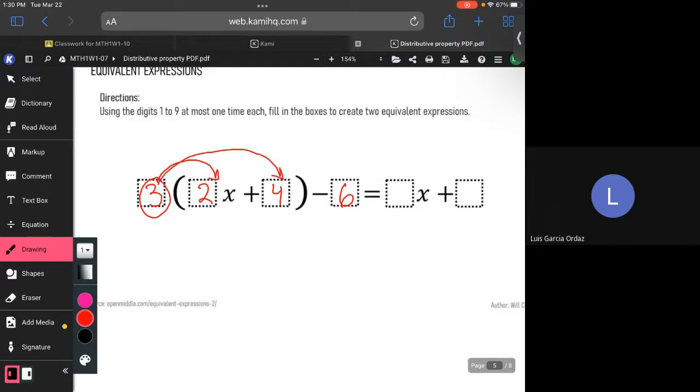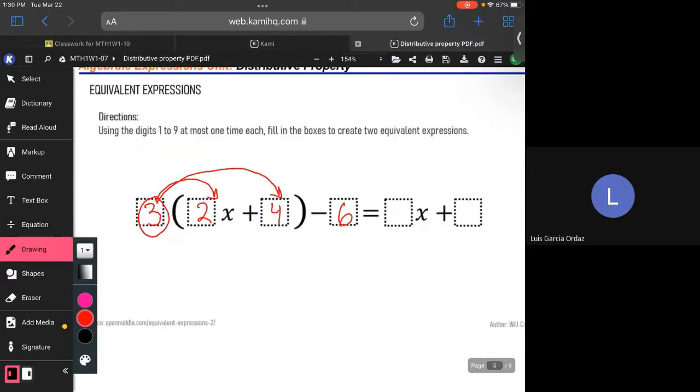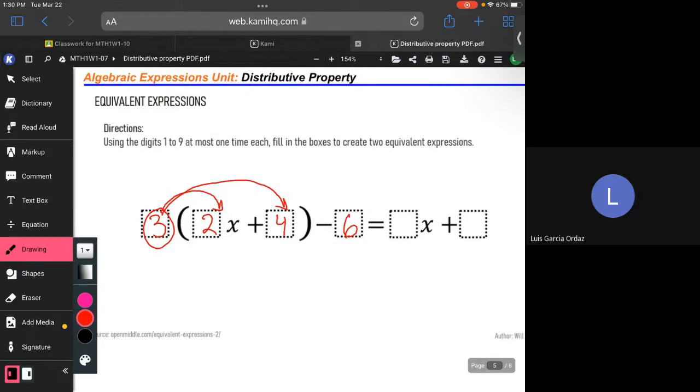So I want you guys to distribute it and then try to simplify everything together. This one is the 5th one. Backside. Should be the first one on the top left corner of the second page on the other side.